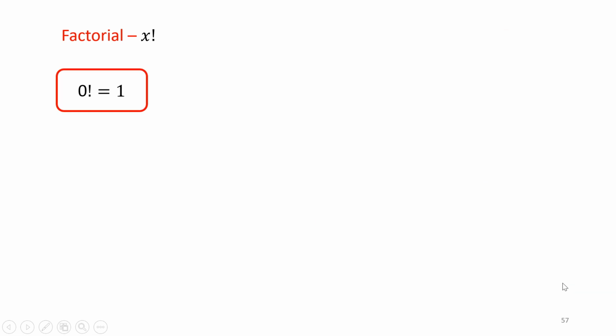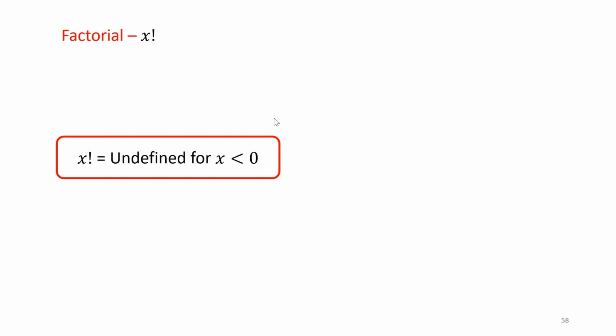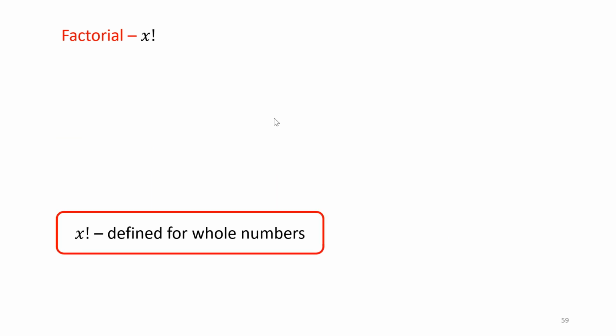So, in conclusion, through this lecture, we proved that 0 factorial is 1. We proved that x factorial is undefined for x less than 0. In fact, x factorial is only defined for whole numbers. So that means 0, 1, 2, all the way till positive integers. It's not even defined for decimal numbers like 2.34 factorial. It's only defined for 0 and positive integers.